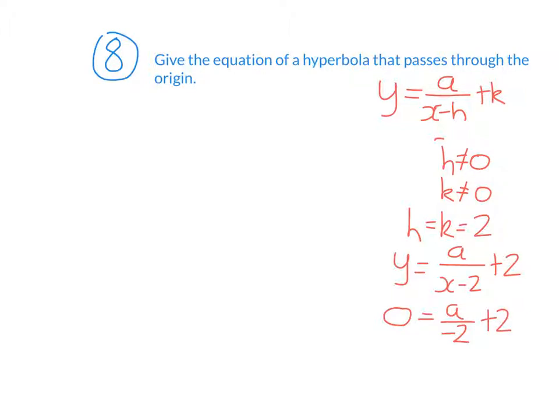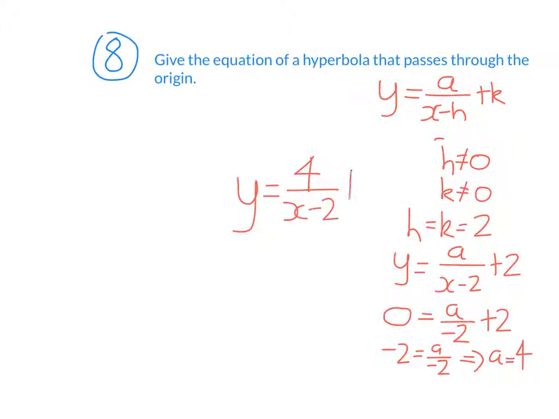So what I can do is subtract 2 from both sides, and then times each side by negative 2. And I get the value a equals 4. So now I chose values for h and k, and I found the value of a. So my equation, just like last time, is going to be y equals a over x minus h, plus k.